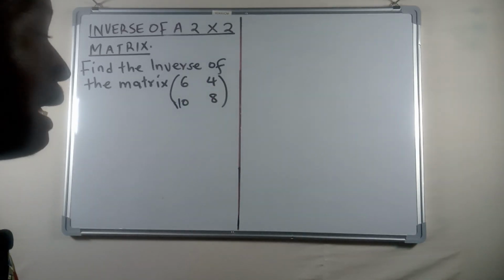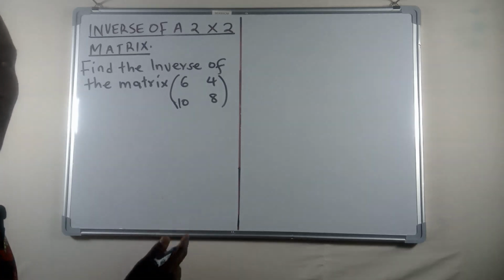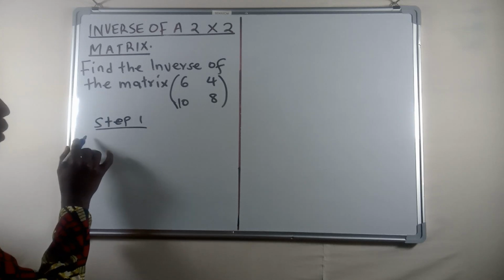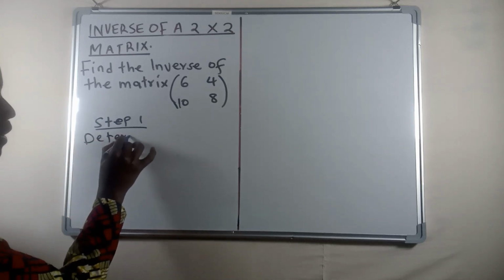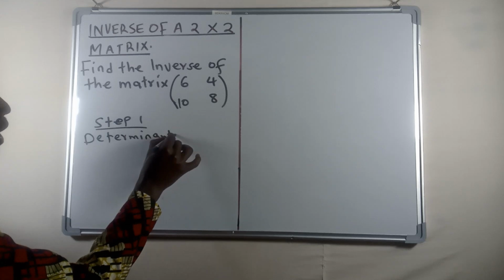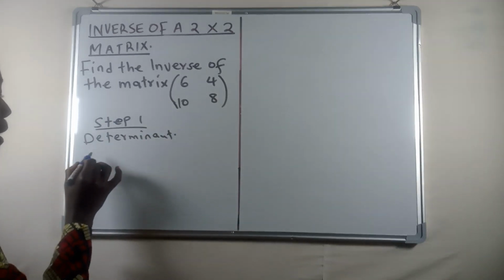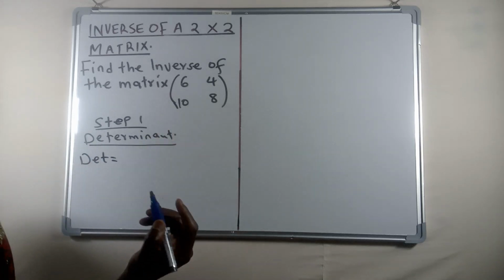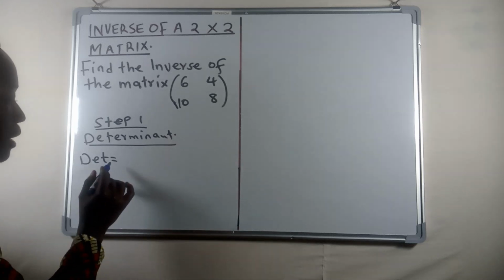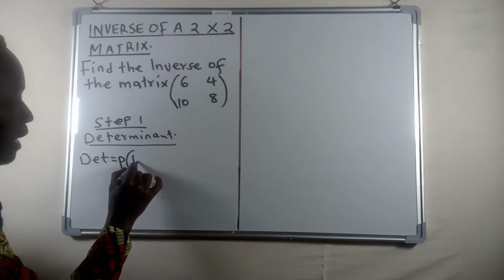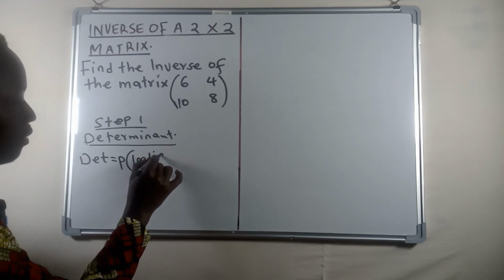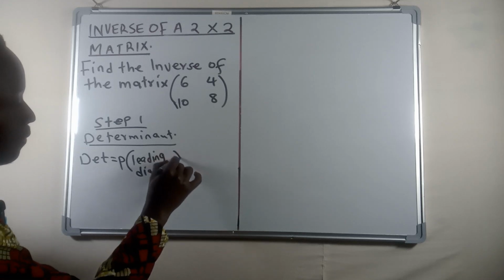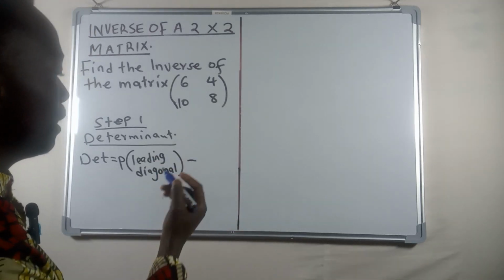So for us to determine the inverse of a matrix, step number one, we find what we call the determinant. The determinant is equal to the product of the leading diagonal minus the product of the second diagonal.